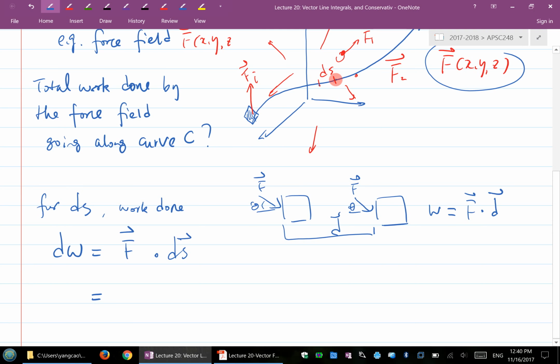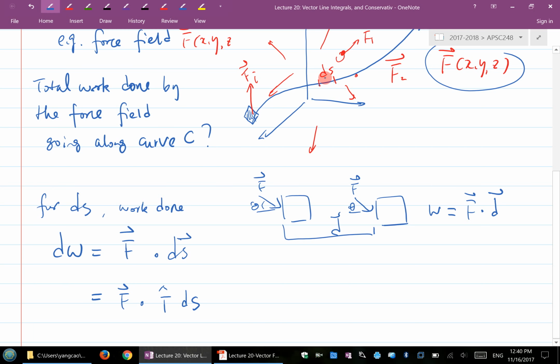So for this small segment of the vector, what's the magnitude? ds, right? That's the magnitude of ds. And what would be the direction for that small segment ds? What type of vector can we use to represent the direction of the displacement? Tangent, exactly.